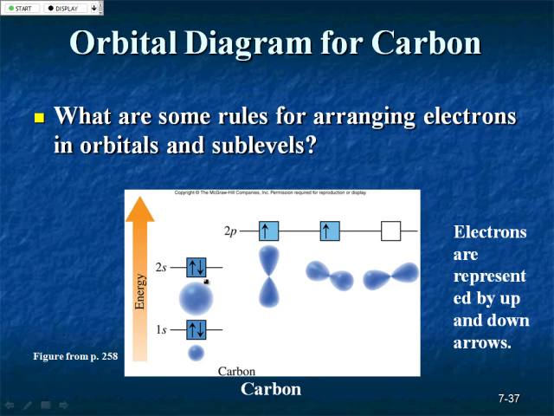Okay, so we have to show all 14, but you have to keep in mind we are following those 3 rules we learned. We start with the lowest energy first. That means, where do I start? I start at the 1s. How many electrons can go in 1s? 2. How do I write them? Up and down arrows.